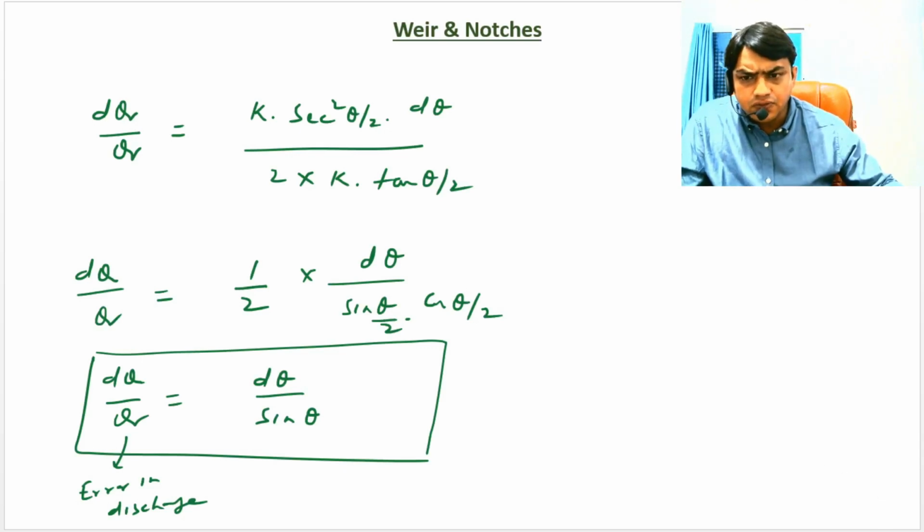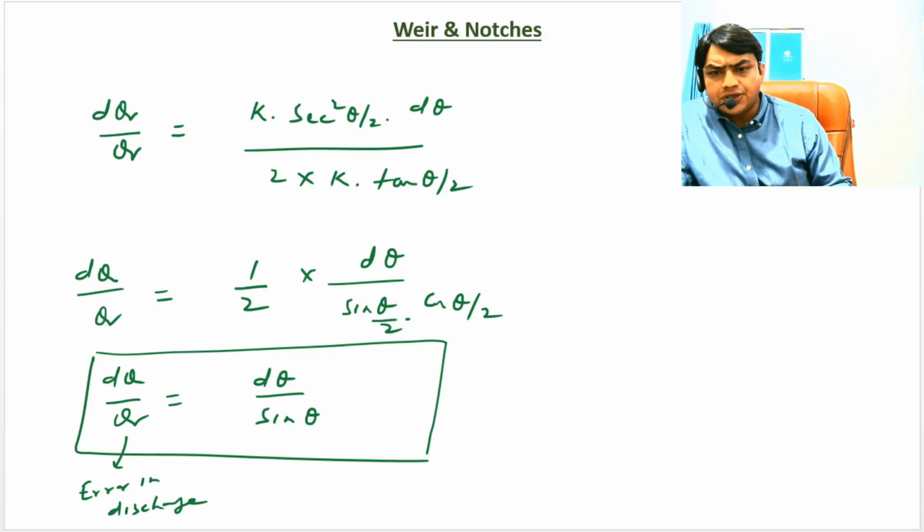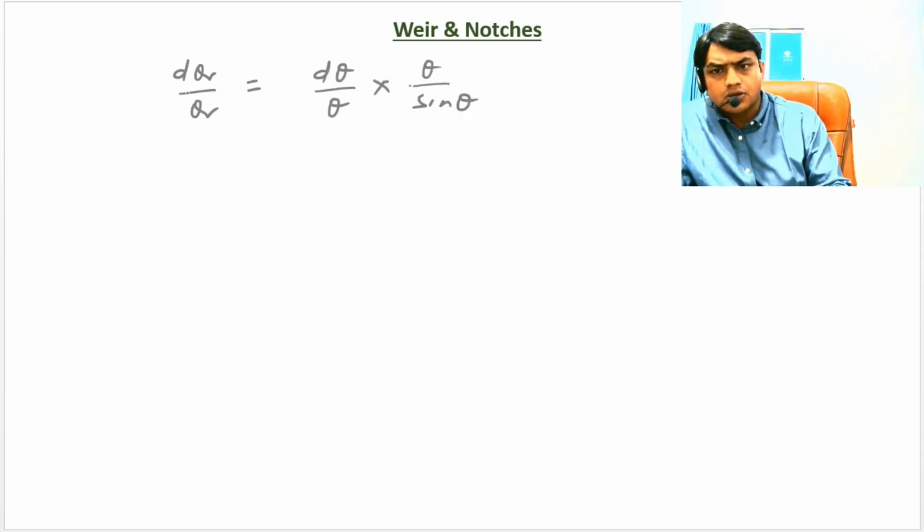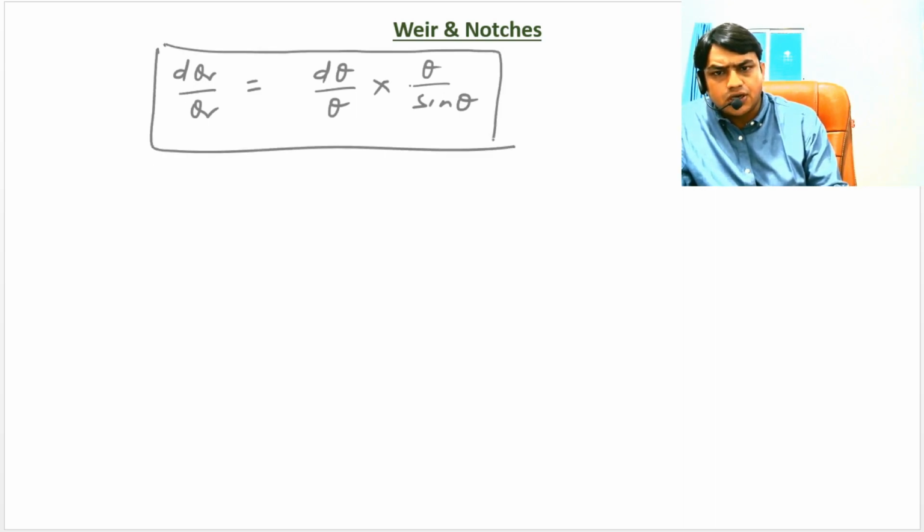This value dq by q is equal to d theta by sin theta can also be written in the form dq by q is equal to d theta by theta into theta by sin theta.